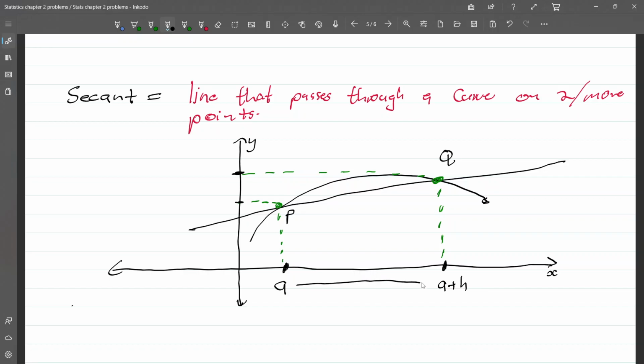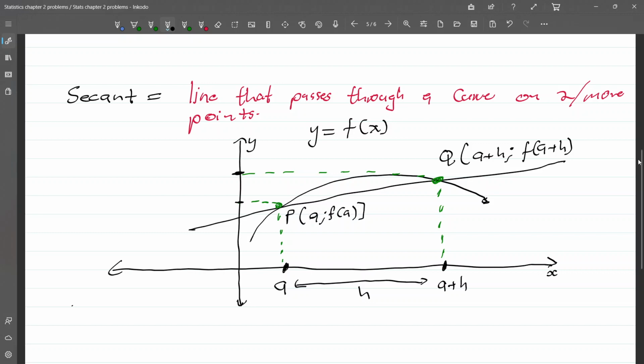So that means the distance between these 2 points is h. Let's say y is the function of this curve, f of x. Then our x coordinate is a, and the y coordinate will be f of a. Same here on Q, we're going to have a plus h, then f of a plus h.